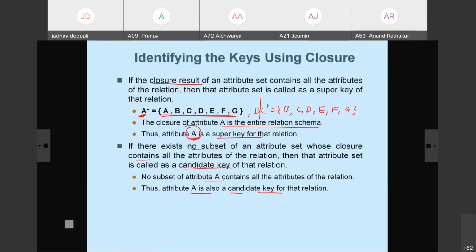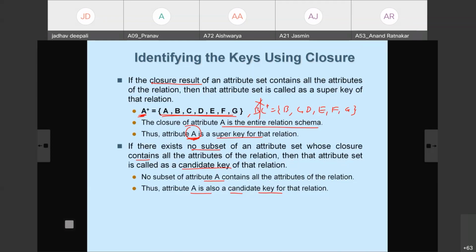In this way, we identify all the candidate keys of the relation, and among that, any one becomes the primary key. Once again, I am repeating. If the closure result of an attribute set contains all the attributes of the relation, then the attribute set is called a super key of the relation. Here A is the super key because it contains all the attributes of the relation, but BC is not, because it does not contain all.